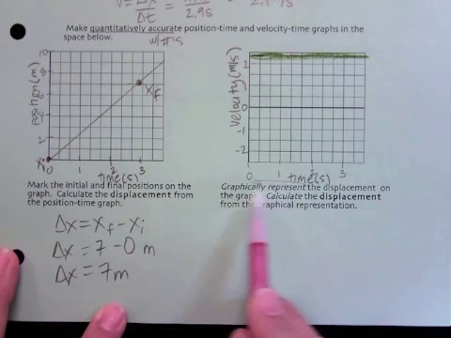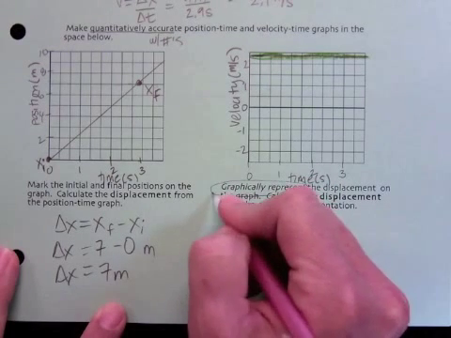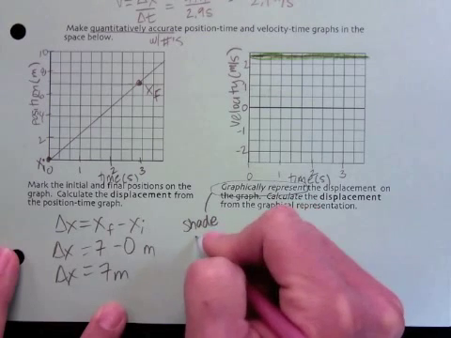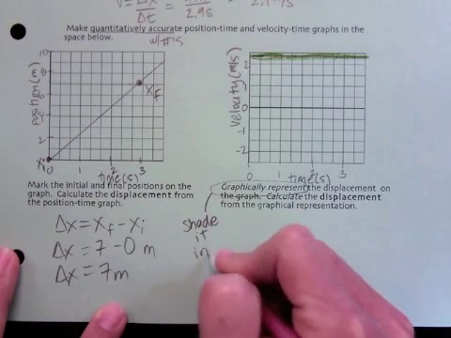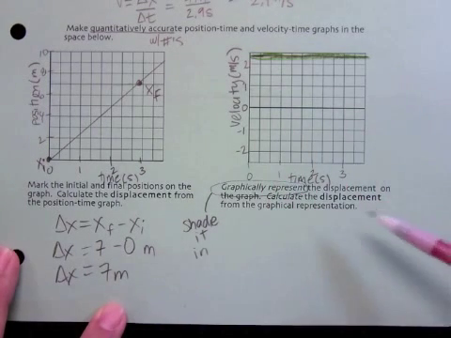It says to graphically represent. Anytime you see those words, you are going to be doing some shading. Shade what in? You're going to shade in a region of this graph. What region?